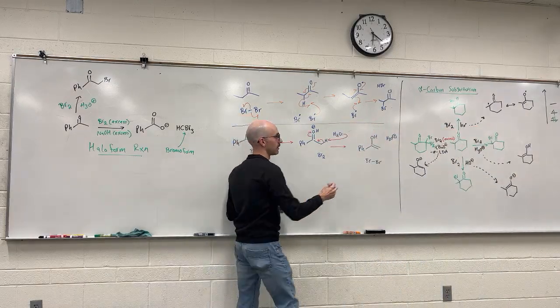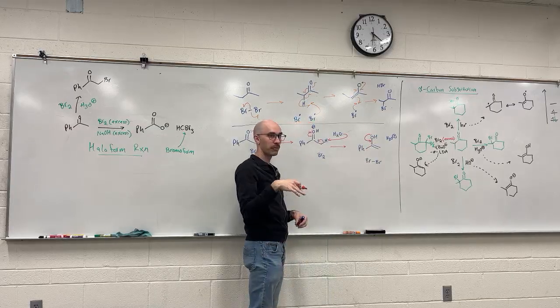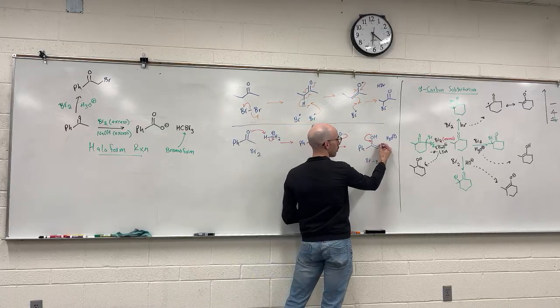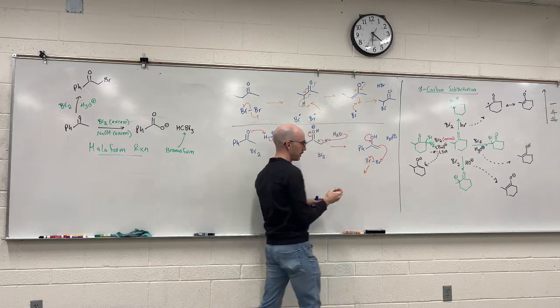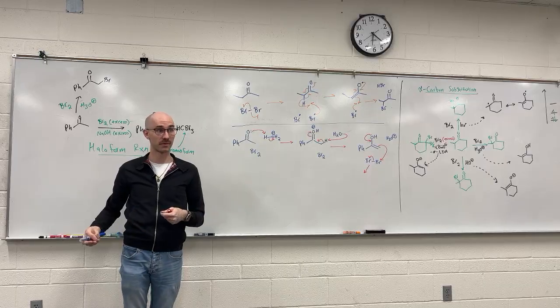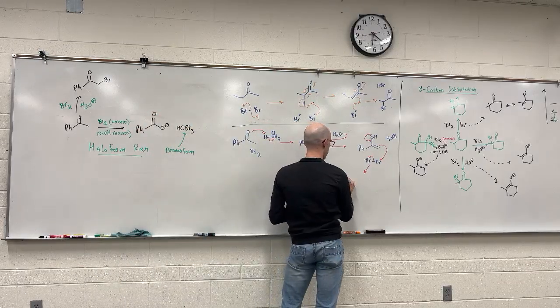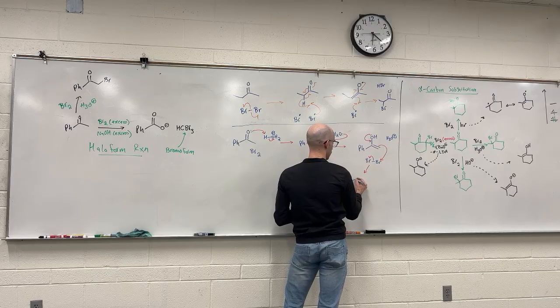Instead, the alcohol helps push electron density from the alpha carbon to the halogen. It behaves a little bit more like our EAS mechanism, where the aromatic ring attacked bromine, except we don't need a catalyst.